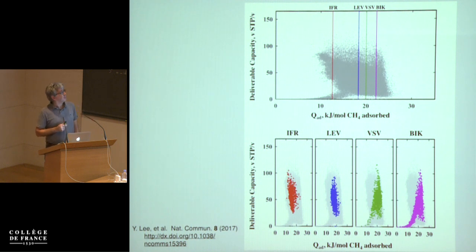Another interesting question: with this material, the only difference was pore shape. With metal organic frameworks, we changed the metal, we changed the linker, and we changed the pore topology. So there, I would argue, if you have similar materials, it's much more questionable whether a material similar from a pore shape point of view would be top performing, because there's a lot of chemistry going on. But anyway, we tried.